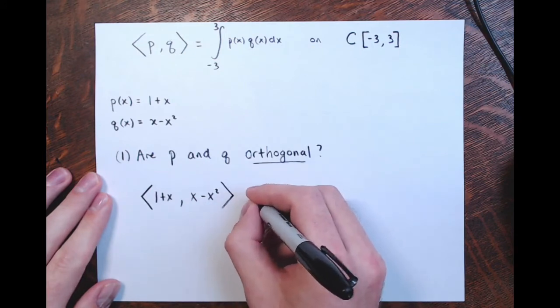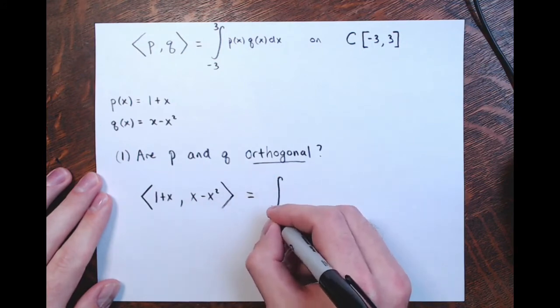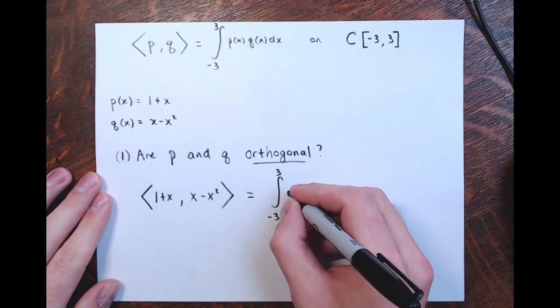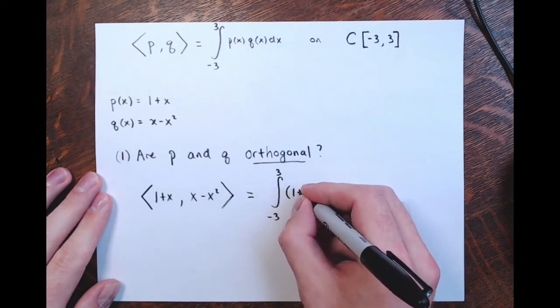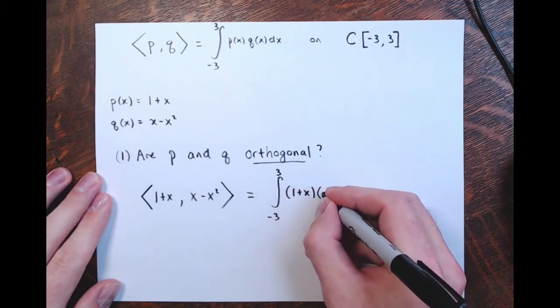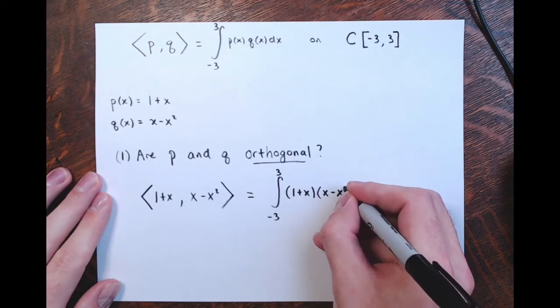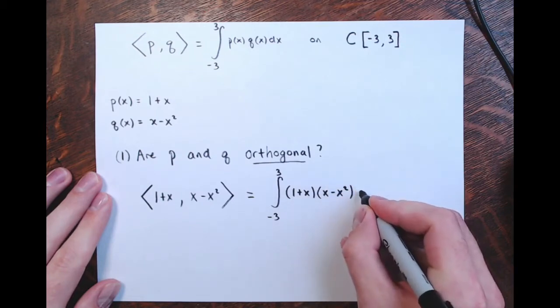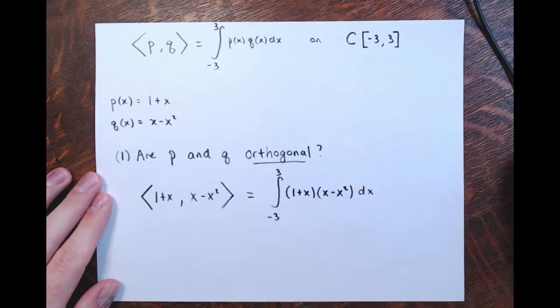This would be the definite integral from -3 to 3 of p of x times q of x, 1 plus x times x minus x squared, with respect to x.